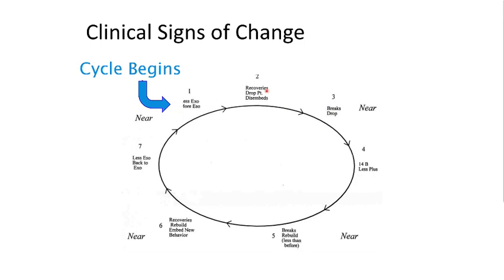So these three things happen in sequence. And then what happens is the 14B, or the fused cross cylinder, drops. The person is now showing less plus acceptance at near, and one can think of that as a refractive change at near.